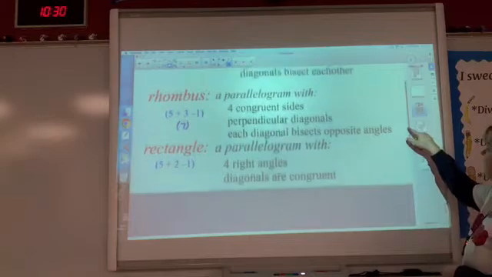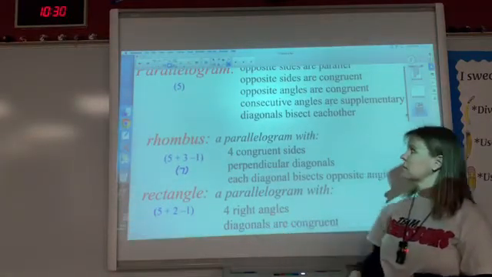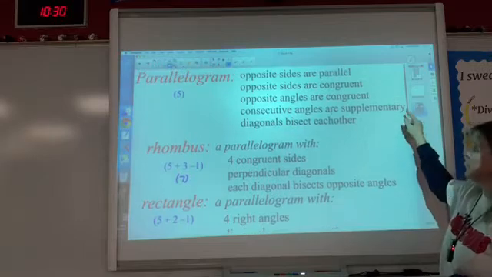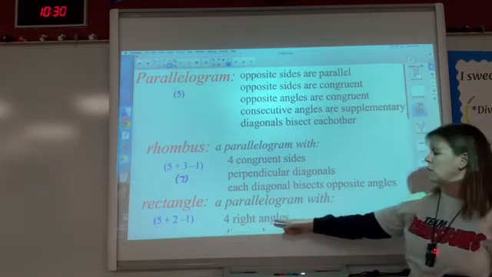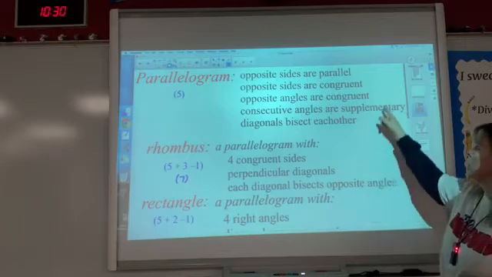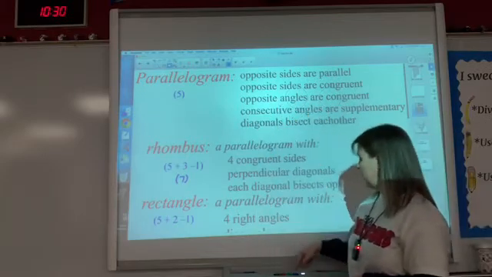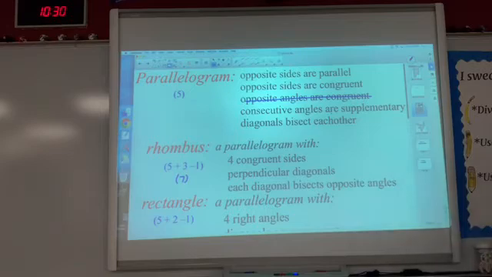Which one is contradictory to what it says here? A rectangle has 4 right angles. Think about it for a second. Maybe pause it. Which one of those do we have to take out? We know that a rectangle has 4 right angles. It's not opposite angles are congruent. All 4 angles are congruent.